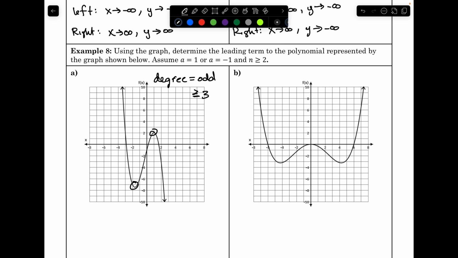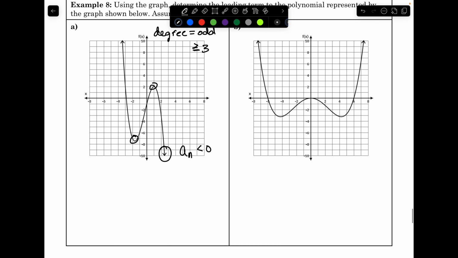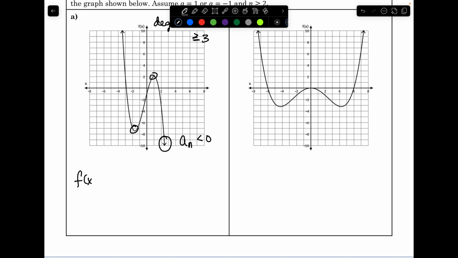Now, what about the leading coefficient? Since the right end is pointing downwards, the leading coefficient has to be a negative number, a number less than 0. We're going to assume that the negative number is simply -1, and if it's positive, we'll say +1. So this polynomial function, f of x, is equal to a sub n times x to the power of n plus all the other terms until we get to the constant, a sub 0.